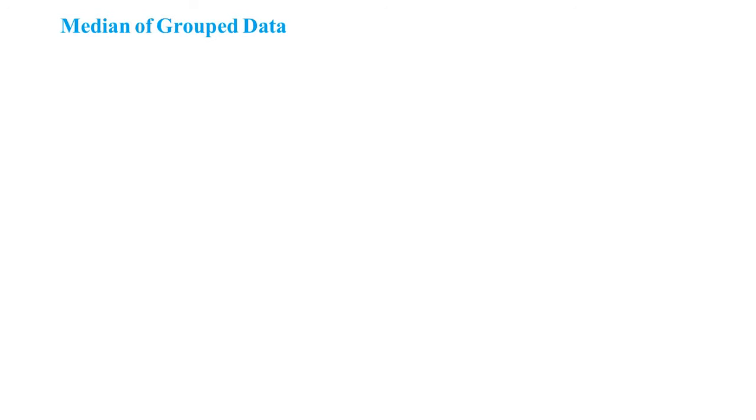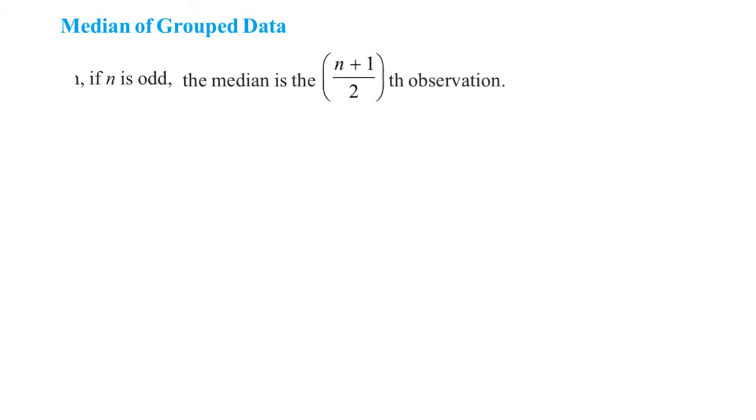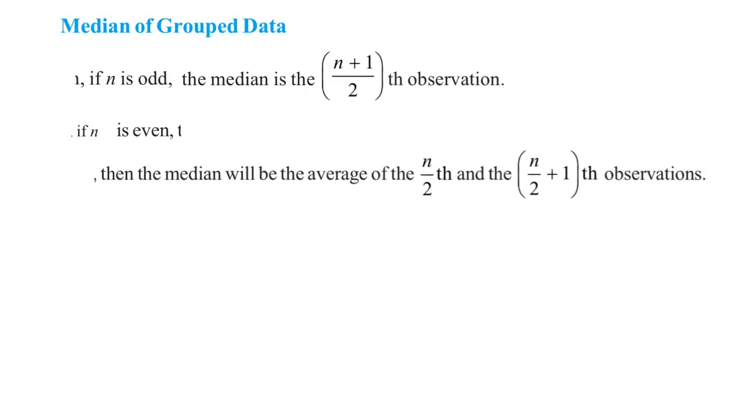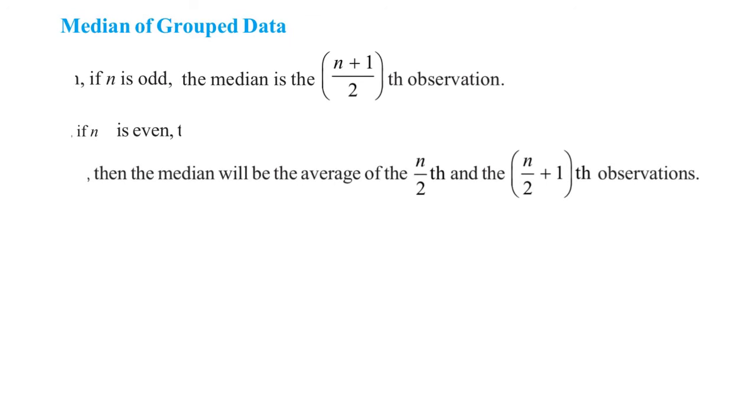Then, if n is odd, the median is the (n+1)/2th observation. And if n is even, then the median will be the average of the n/2th term and the (n/2 + 1)th observation.